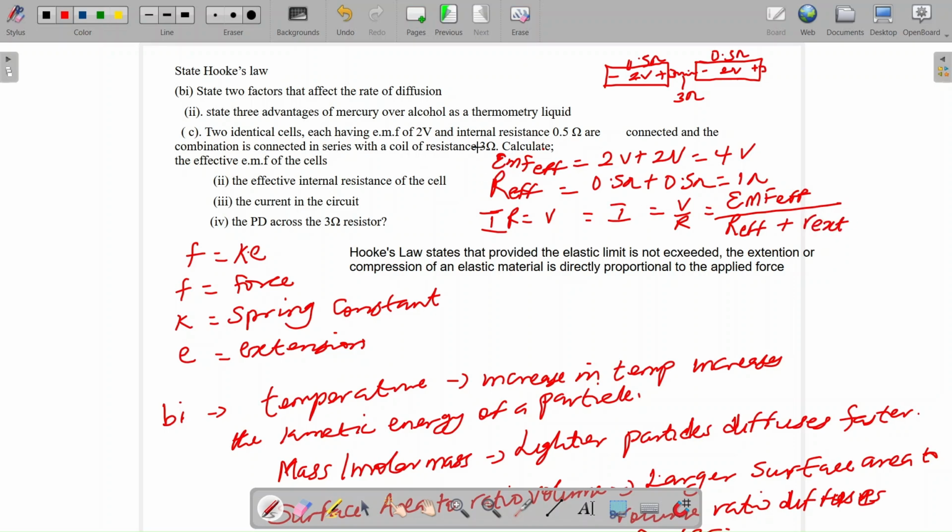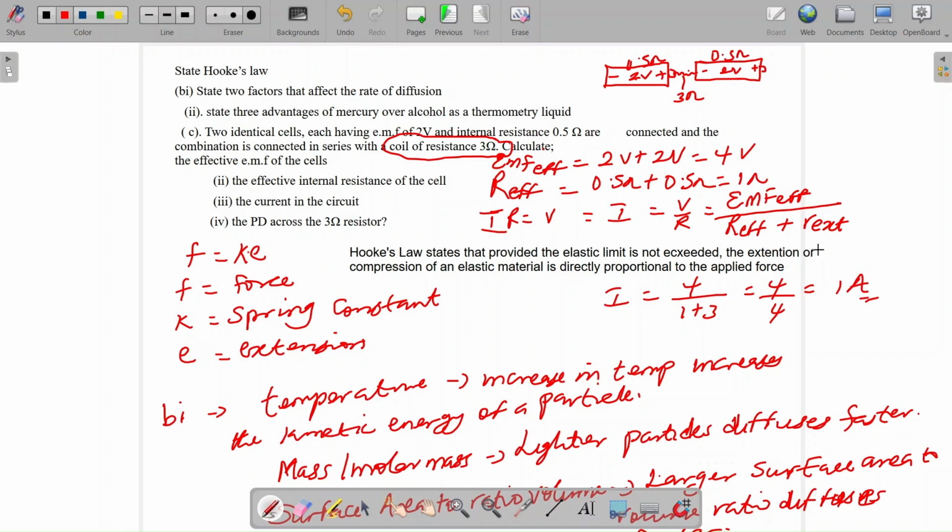We have an external resistance of this coil, which is 3 ohms. So your I will be 4 divided by 1 plus 3, which is 4 divided by 4, which is 1 amp.